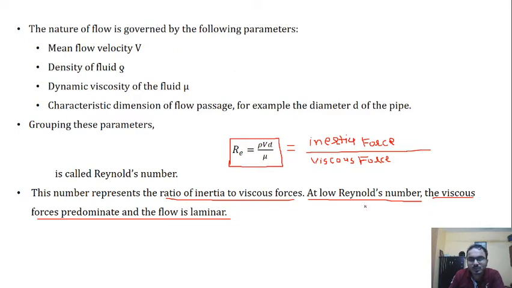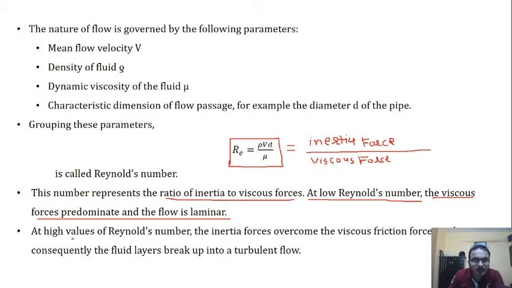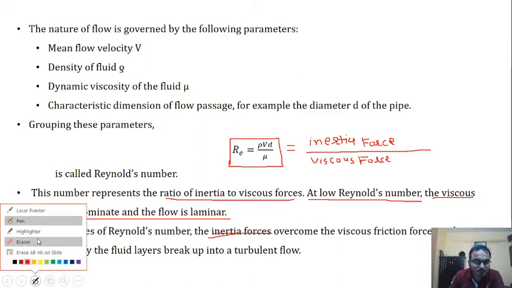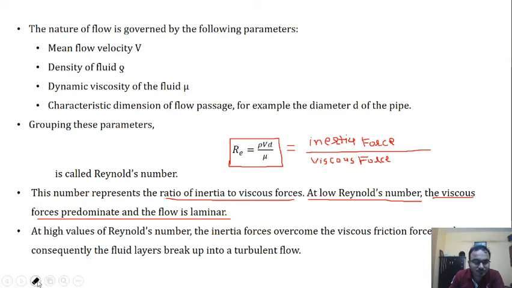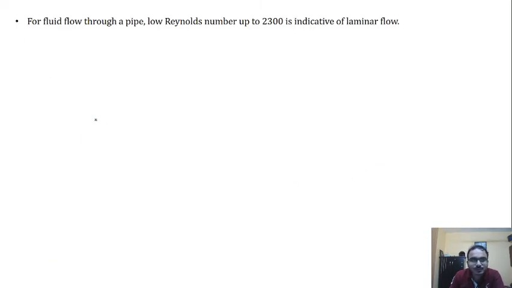The meaning is that at low Reynolds number, viscous forces are more than the inertia forces and the flow is laminar. Now at higher values of Reynolds number, the inertia forces overcome the viscous friction forces, and consequently the fluid layers break into turbulent flow. So whenever Reynolds number is higher, inertia forces are more than the viscous forces.